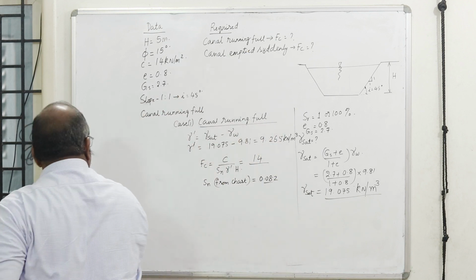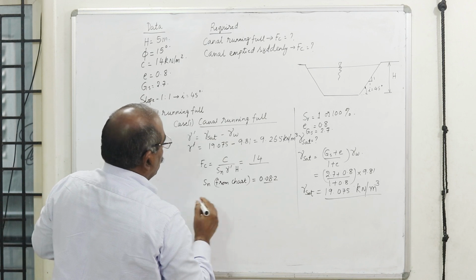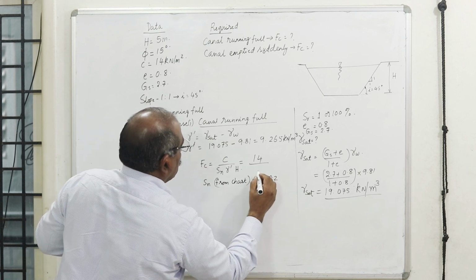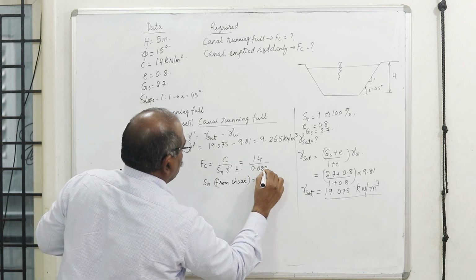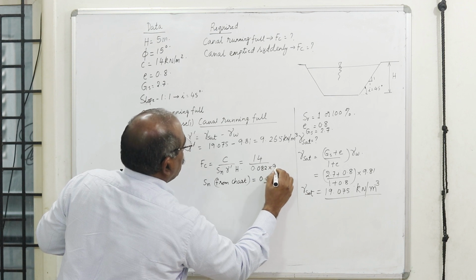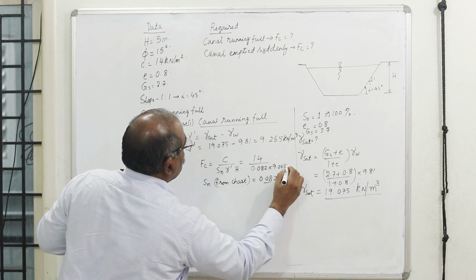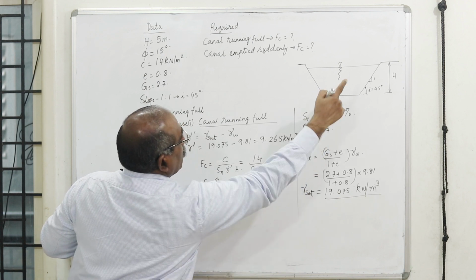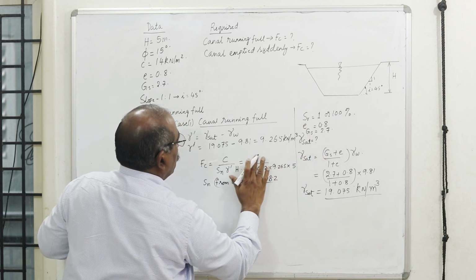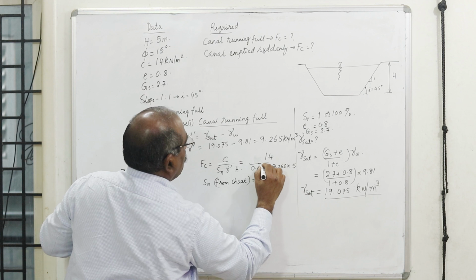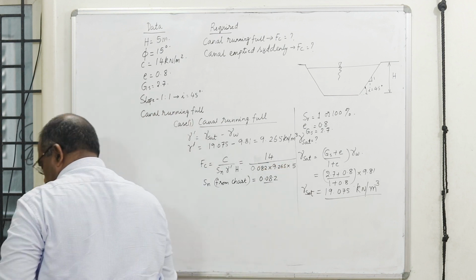Now once I read out my value, I want to substitute here. Sn is 0.082 into gamma dash is 9.265 into H is 5 meters, because it is given that it is a slope canal which has a height of 5 meters.